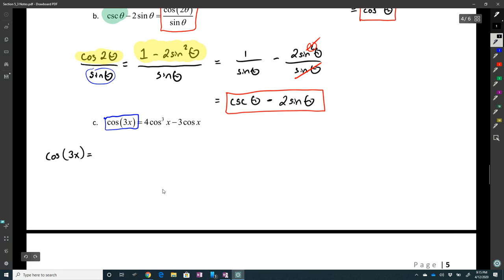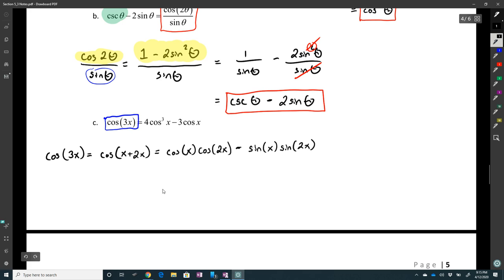And I can say that cosine of 3x is the same as cosine of x plus 2x. Now cosine is again cosine, cosine, sine, sine. So this is cosine of x, cosine of 2x. The sign flips, sine of x, sine of 2x.